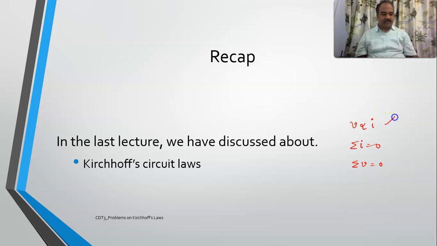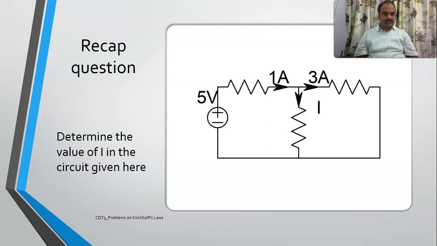So this is Ohm's law, applicable for a single conductor. This is KCL, which is applicable to the currents at any node, and this is KVL, which is applicable to any mesh in an electrical circuit. Now we will try to solve simple problems on this.